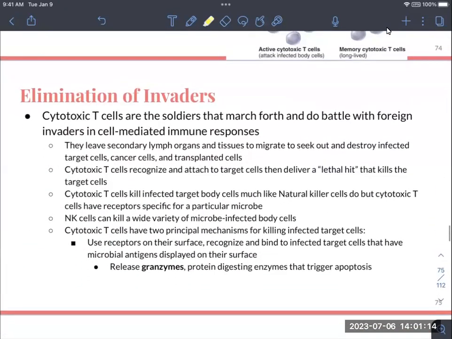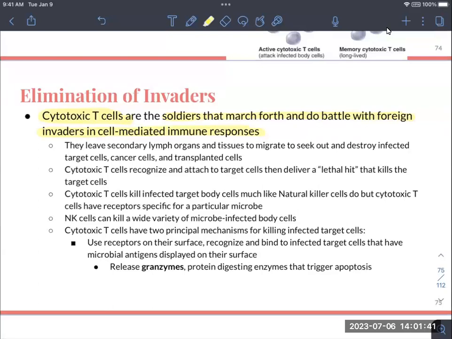So once we've activated these cells, they've gone through clonal selection where they multiply and make many, many more of them. These cytotoxic T cells, they're the soldiers. They're at the front. They fight these invaders however they can.